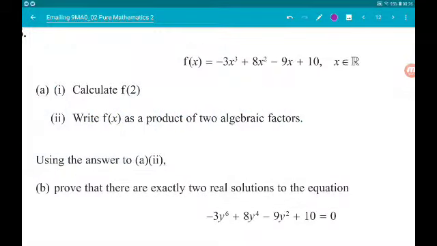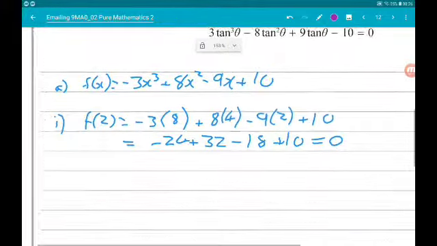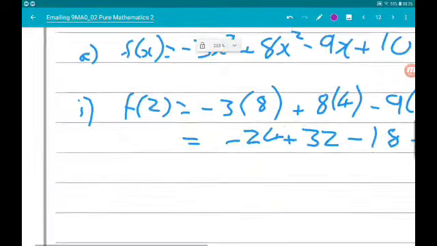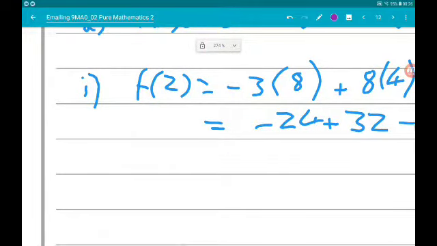Okay, then A part 2 wants us to write f of x as the product of two algebraic factors. So, if you haven't realised yet, this is factor theorem stuff.